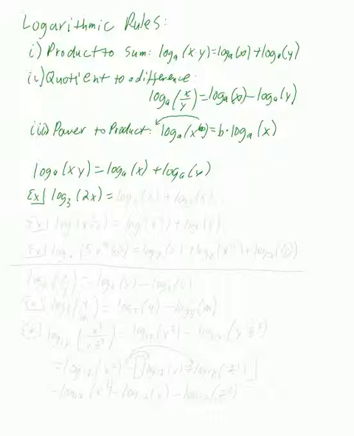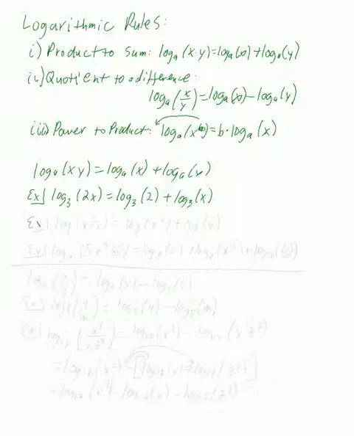If we want to break that down, we need to recognize that 2x is actually 2 times x. This will become log base 3 of 2 plus log base 3 of x. So you can see we actually broke this down into a couple of different pieces here.